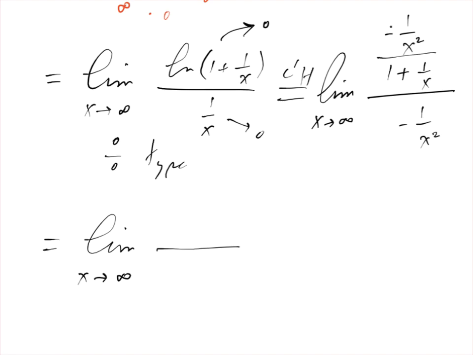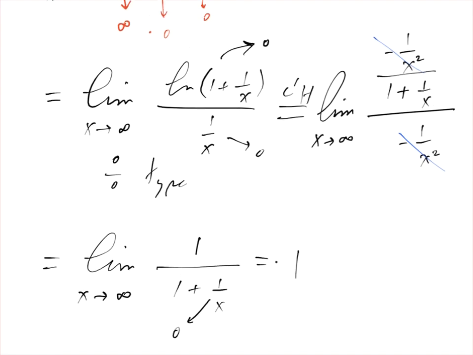So you see, the numerator has a factor of minus 1 over x squared that can cancel this. And as a result, we have 1 over 1 plus 1 over x. And now we can let x go to infinity. So 1 over x tends to 0, so you have 1 over 1, which is 1.